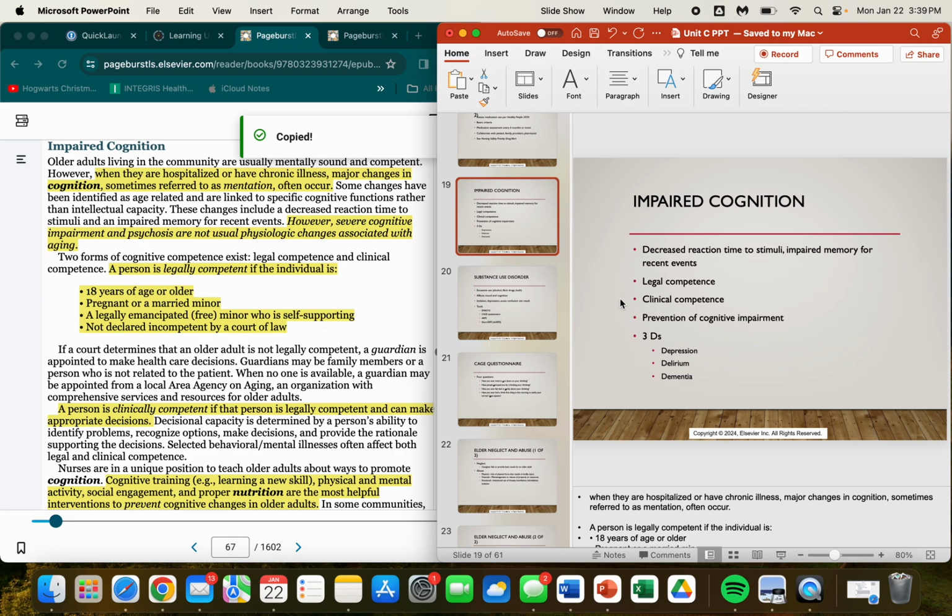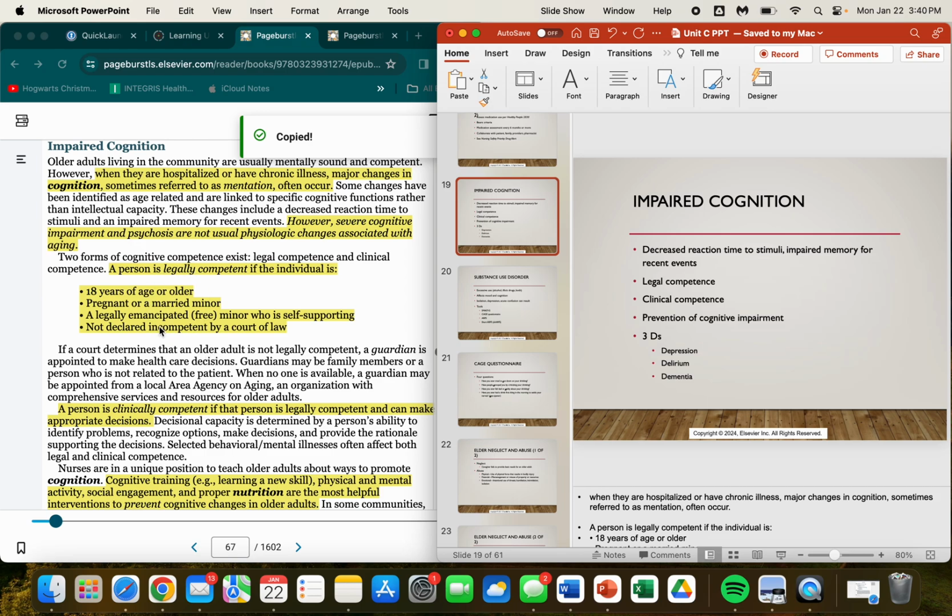So when we talk about competence and what makes a patient competent in the setting of the hospital, a person is legally competent to sign their own consent forms if they meet this criteria: are they 18, or pregnant, or a married minor, or legally emancipated, or not declared incompetent.